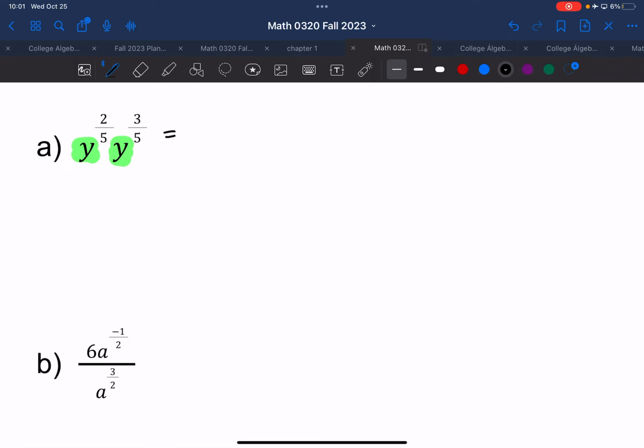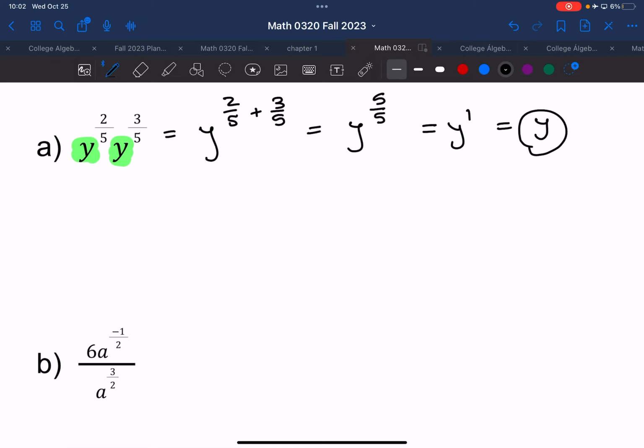Add them. So this is the same as saying y to the power of 2/5 plus 3/5, which equals y to the 5/5, which is the same as saying what? Y to the first, which we can write as y. So the answer is y.